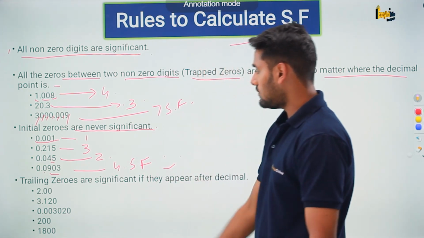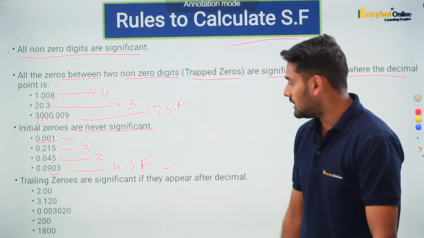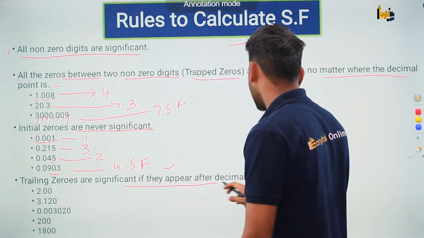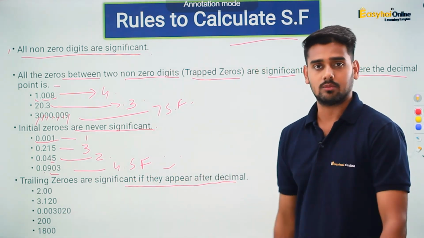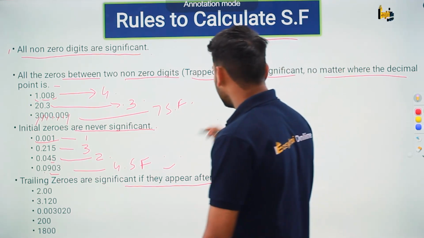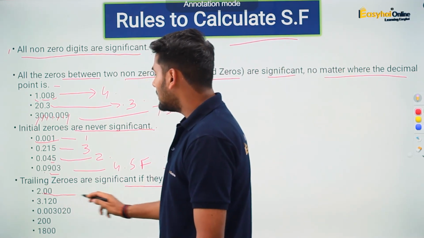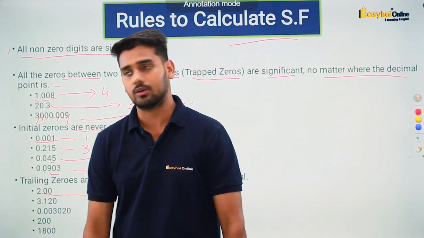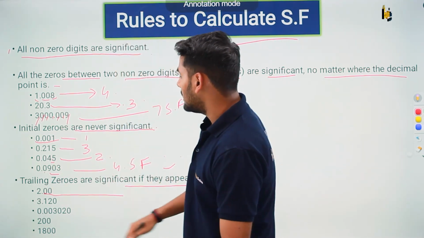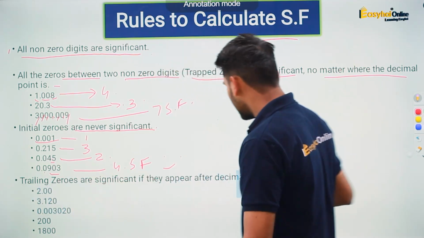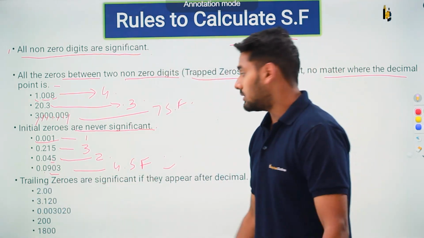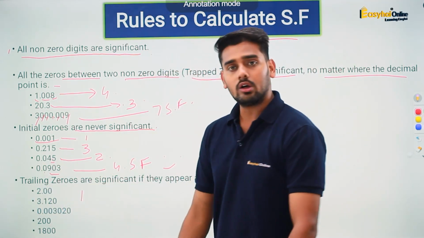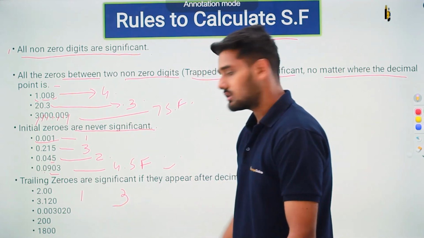Alright. Finally, we have trailing zeros are significant if they appear after the decimal. Now, when you put a decimal point and after that there are trailing zeros, those zeros are very much significant. In this case, look at this 2.00. Is it one significant figure or 3 significant figures?